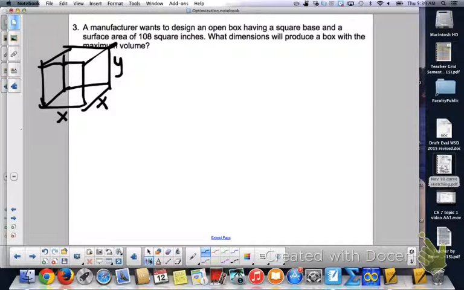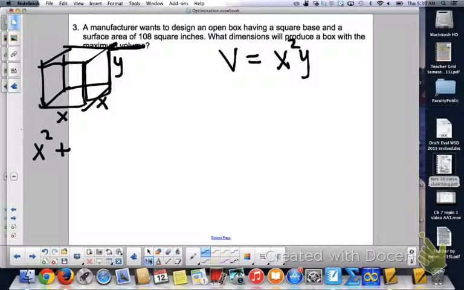Maximum volume is what we want to maximize. x times x times y, so x squared times y is our volume. Now surface area: you have the base, which is x squared, plus the sides, which are x times y each, and that's actually all four sides, so plus 4xy equals 108. Think about what variable is going to be easiest to solve for. Yes, that would be y.